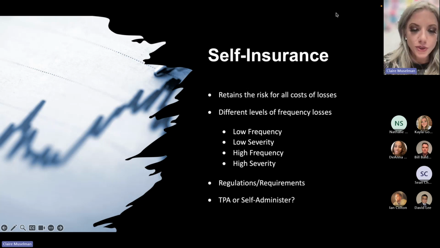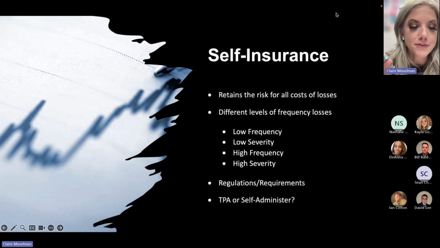And it totally depends. Something else to consider along this, when we look at claims handling. So again, it might be an employee within that organization, or it might be outsourced to a third-party administrator, that TPA. And we're going to talk about TPAs a little bit more in depth here shortly.